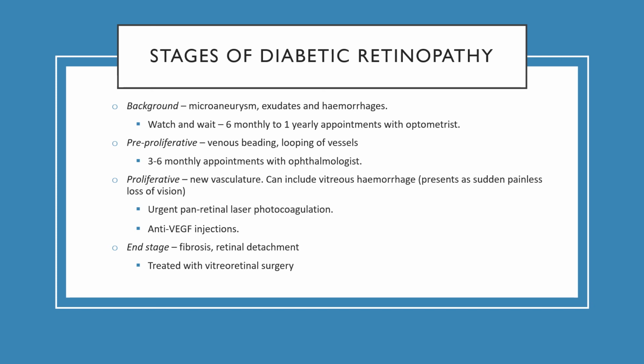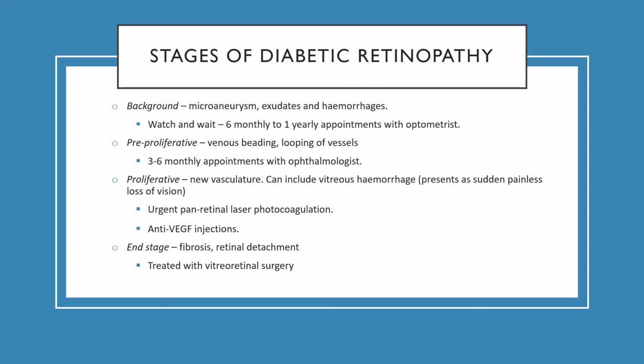So approximately 6 months to 1 year appointments with the optometrists are required, as well as management of the background HbA1c levels in diabetic patients and subsequent blood pressure management in those with hypertensive retinopathy alongside hypertension, as well as hypertensive retinopathy alongside the diabetic retinopathy.